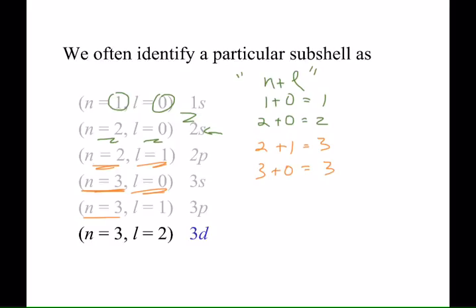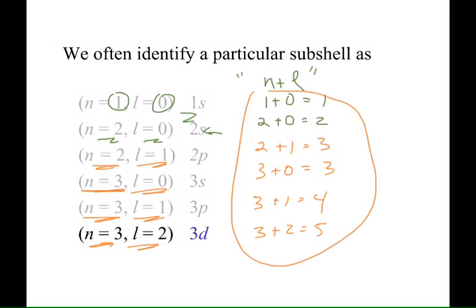For the 3p, N is equal to 3, L is equal to 1, so 3 plus 1 is 4. And the last one here, 3d: N is equal to 3 and L is equal to 2, so 3 plus 2 is equal to 5. Great. These are the N plus L values for these subshells.